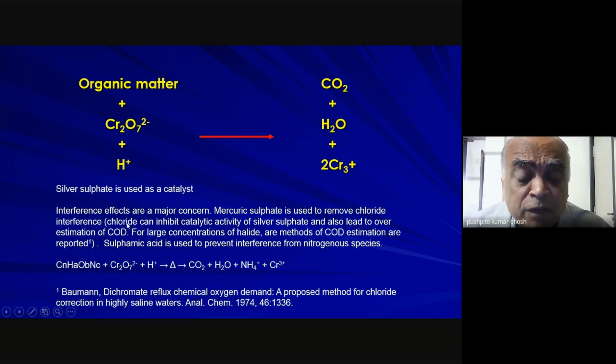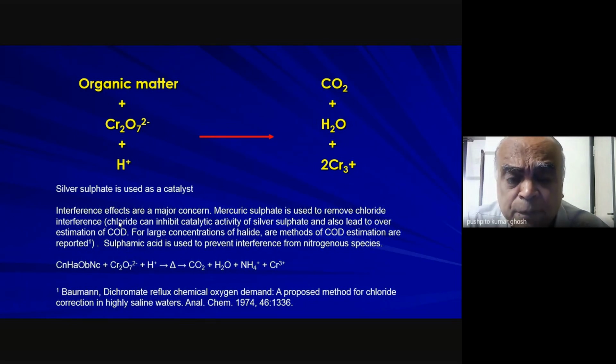You see, if for example I've got halides, like let's say chloride, 2 things can happen. One is that because I'm taking silver sulfate, now obviously in the presence of chloride, the silver sulfate will become silver chloride, and the catalytic activity might get lost. And so you might find that you are underestimating the COD simply because you don't have enough of a rate of reaction.